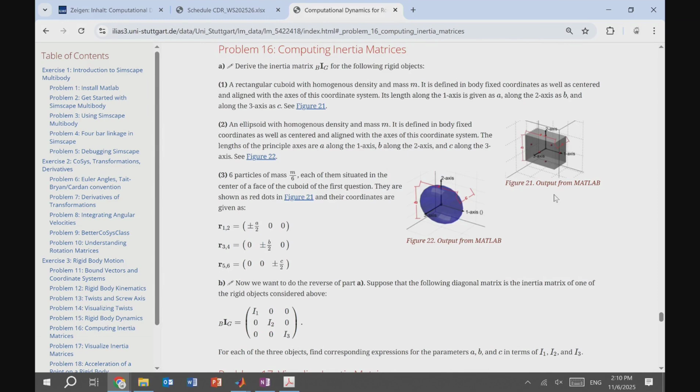In the exercise itself, we will try to simulate the motion of rigid bodies. To do that, we will take advantage of everything that was done before.